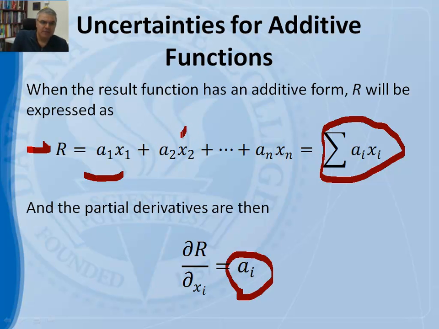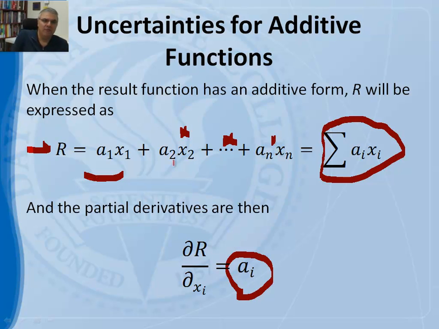In this case, this is a constant number, this is a constant number, this is a constant number. They all are going to drop out when we differentiate with respect to one of the variables. They all would be eliminated. They would drop out when we take the derivative, because they're constant numbers.